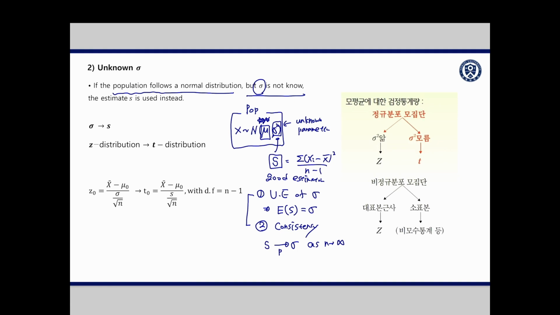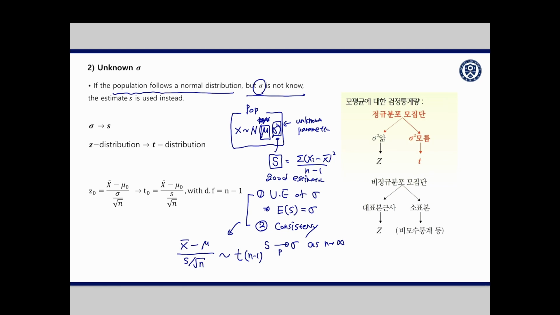Therefore, the statistic X bar minus mu divided by small s over the square root of the sample size n follows a t distribution with n minus 1 degrees of freedom.